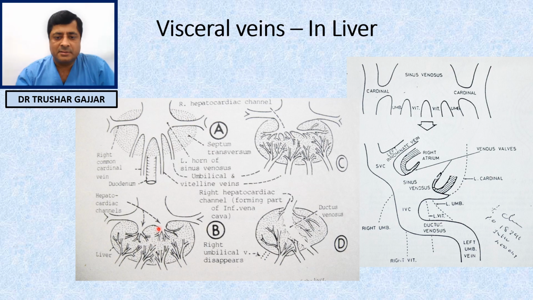So in the liver, if you see, there are sinusoids, and these liver sinusoids will form ductus venosus from the left umbilical vein and part of left vitelline vein.